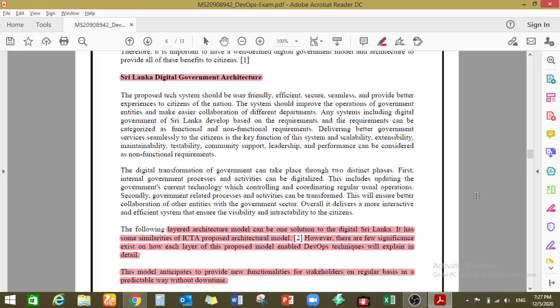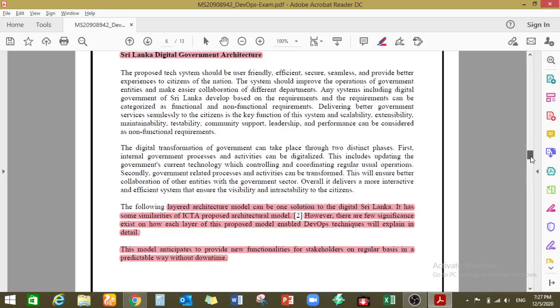Whatever the system, it will be developed based on requirements, and the requirements can be functional or non-functional. Delivering better government service seamlessly to the citizen is the key function of the system, but scalability, extendability, maintainability, testability, community support, leadership, and performance can be considered as non-functional requirements.